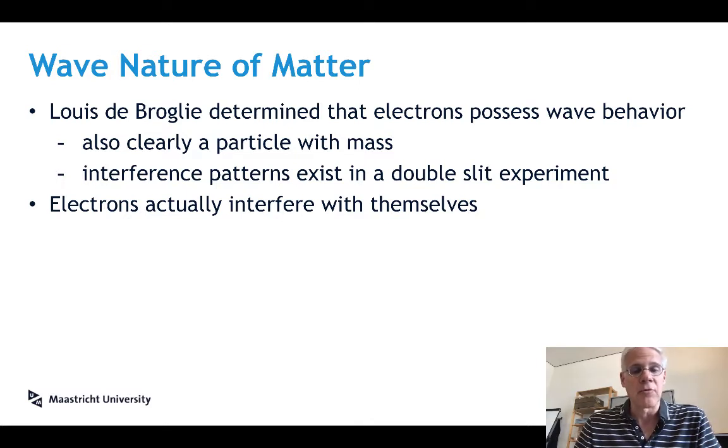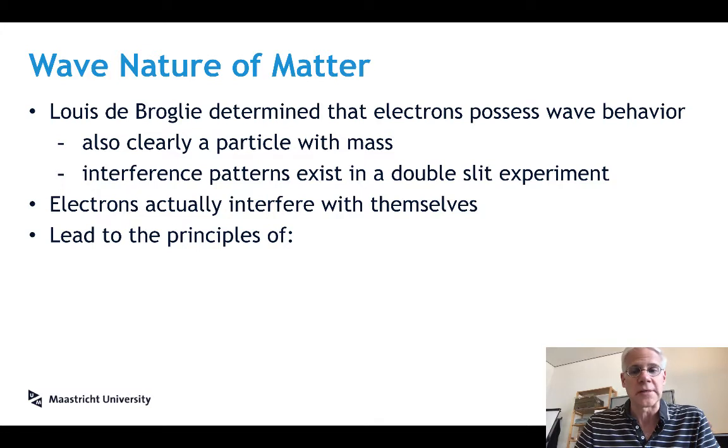And if you've ever seen this type of interference pattern, what you see is areas of reinforcement and areas of cancellation, reinforcement and cancellation, just alternating. And what that means is that electrons actually interfere with themselves as they travel through space, which is really kind of a strange concept, but it was hard to deny the data that the experiment showed.